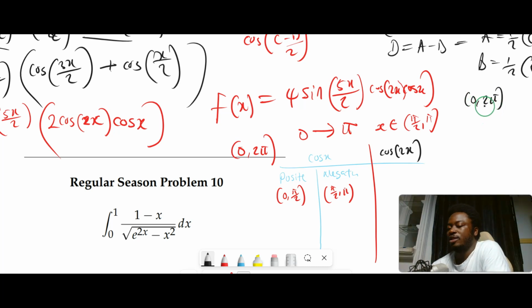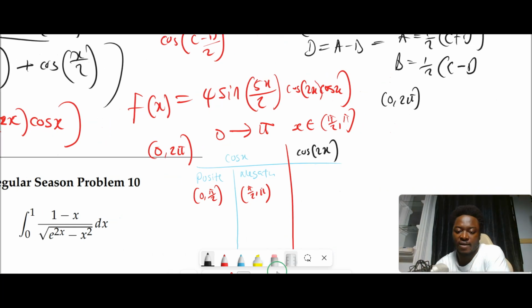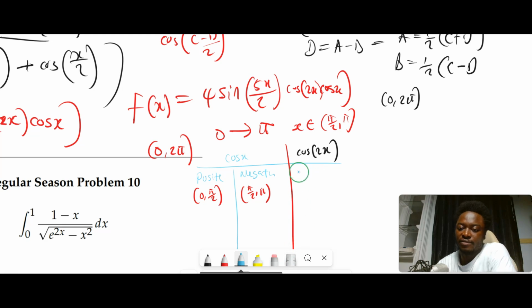So in this case, it is positive from 0 to pi over 2, and then also from 3 pi over 2 to 2 pi.